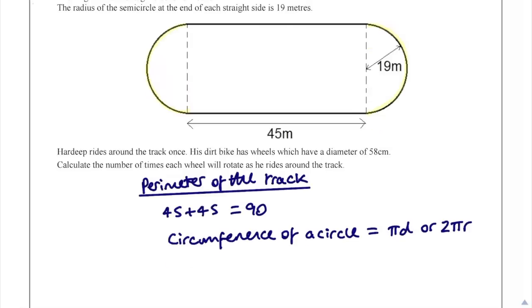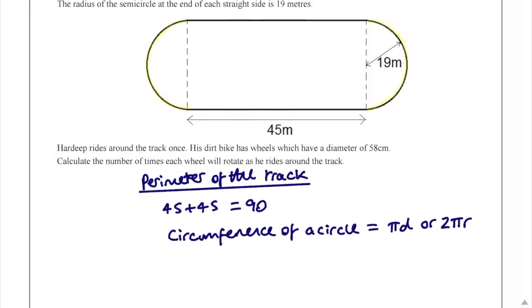What you should be able to see is that these two semicircles at the end both have the same radius. So technically, if we combine these two semicircles together, we've just got one whole circle. So we can work out the circumference of the whole circle by combining these two semicircles together.